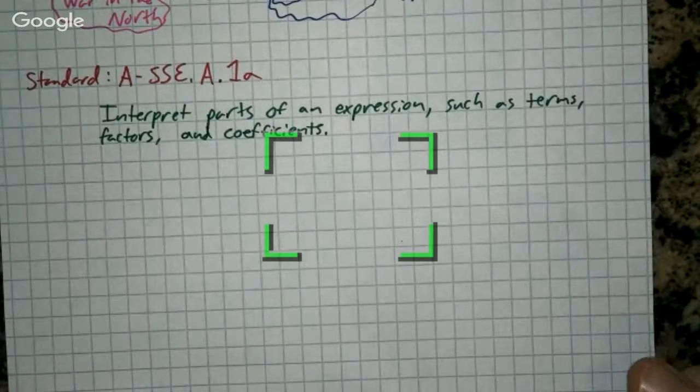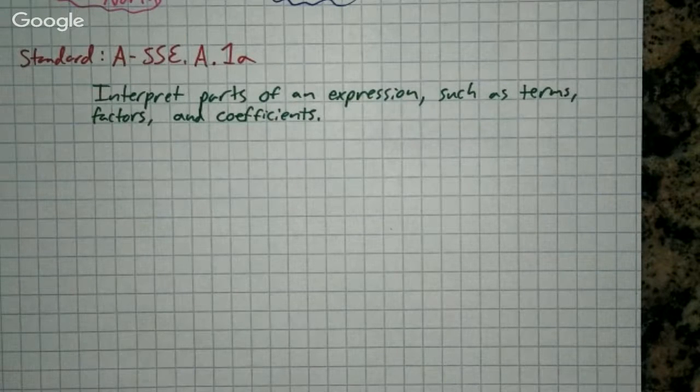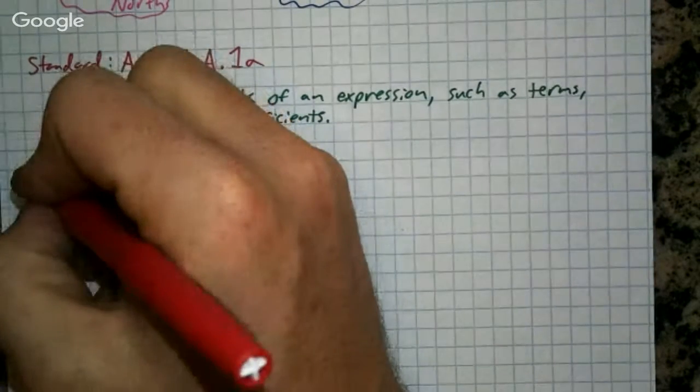So that's what we're using. We're interpreting parts of expressions. We're understanding what these expressions are doing, and items such as terms, factors, and coefficients. So let's go ahead and get right on into our input.